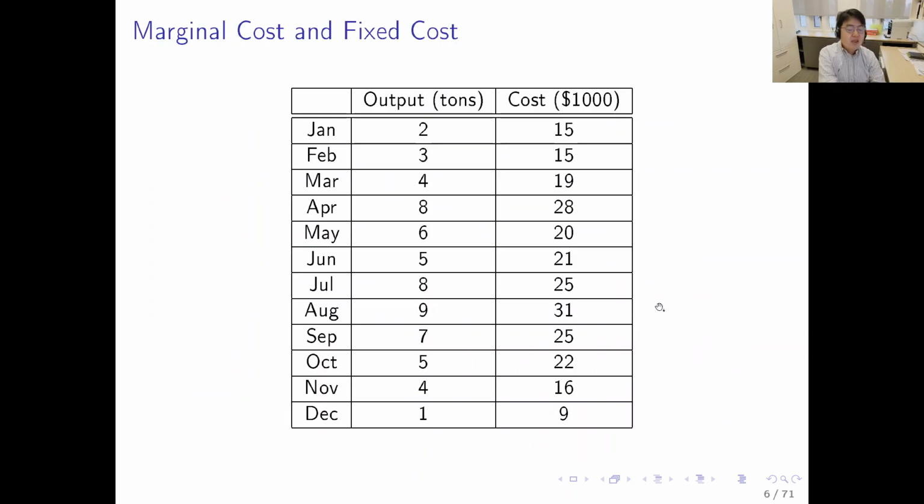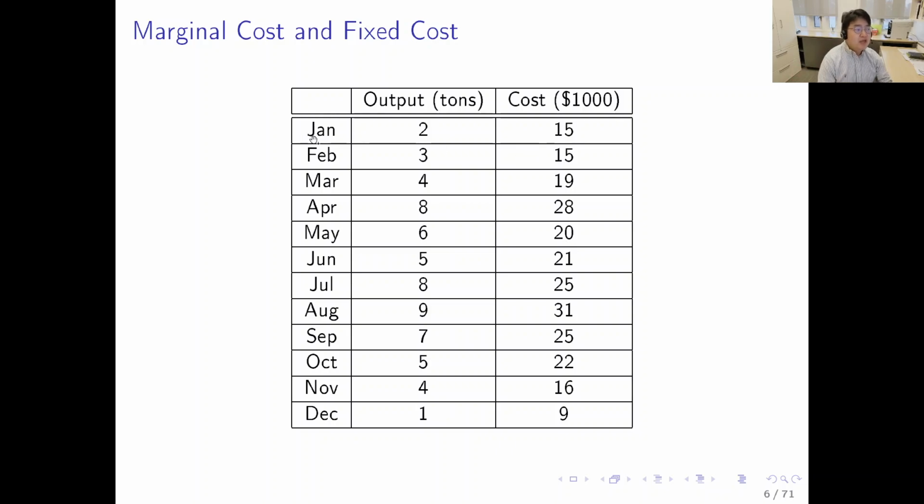Okay. So then, suppose that you have a monthly cost and output, right? Suppose that your output is measured in tons and your cost is measured in $1,000. And I observe last year's monthly output and cost.